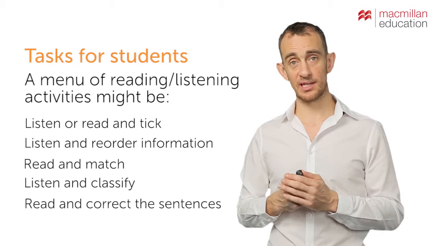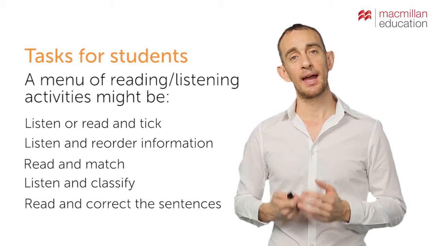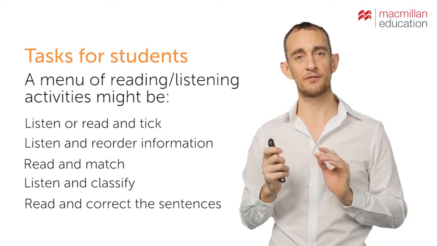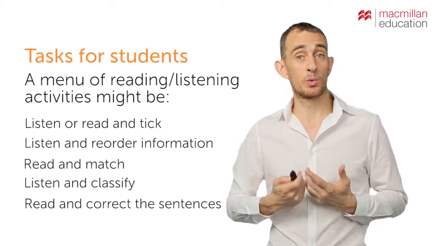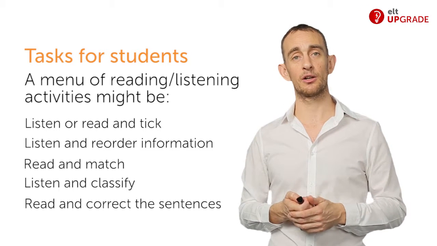All different activities you can use at that processing stage. Again, important to note here, these are not special activities for CLIL. These are the same activities that teachers would be using in normal general English language learning classrooms.